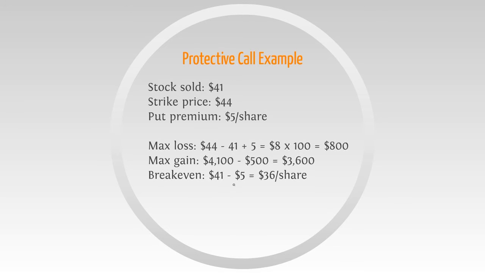And our break even is on as the shares decline. So we're gaining back the premium that we paid and then hopefully a bit more. But the gains don't start until $36 a share after we make back the premium.